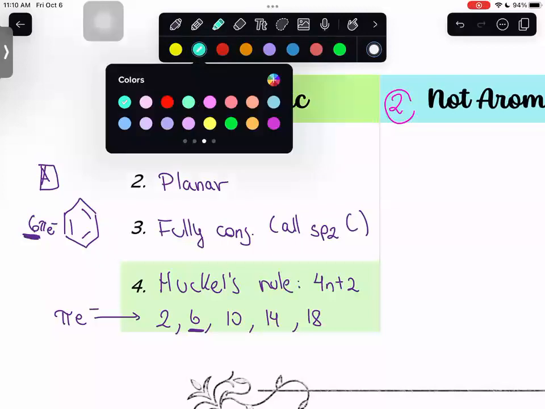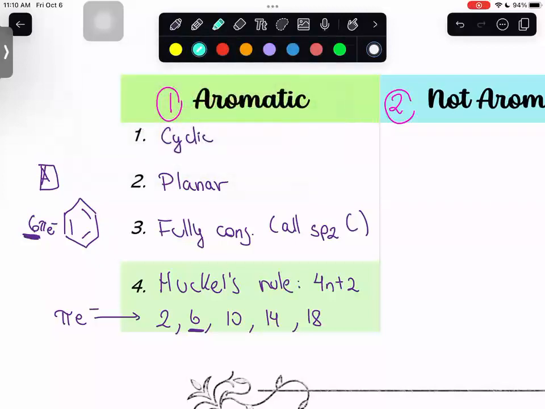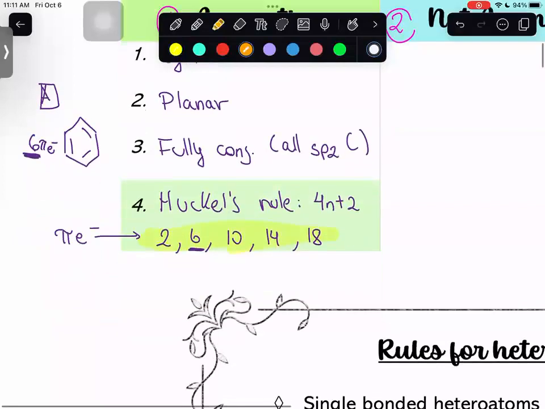So in how you get those numbers, you plug in, for example, zero for n. In the example of the benzene ring, the pi electrons are 6. If we see that 6 is one of the possible numbers in Huckel's rule, then we're good. You can solve this all backwards as well. 4n plus 2.